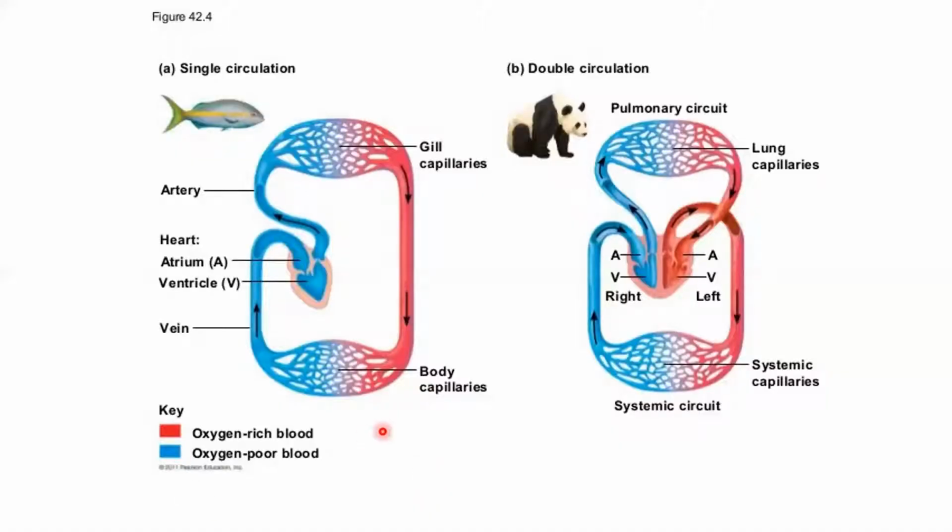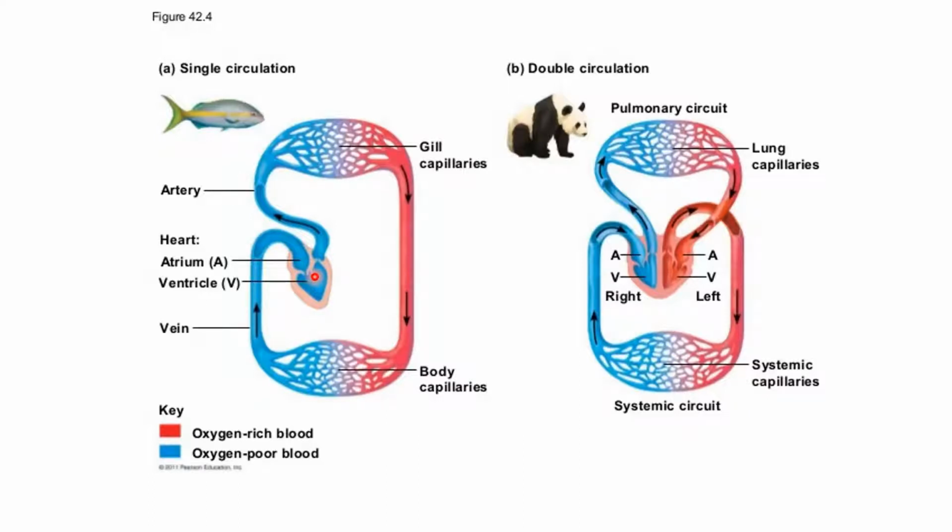Here we are looking at single circulation and double circulation, just to see the difference between these two. Mammals are said to have double circulation, and we will see in a while why. If you consider this example of a fish, the heart supplies blood to the gills, where diffusion of gas takes place, and then the oxygenated blood goes to the body, and after that, deoxygenated blood comes back to the heart.